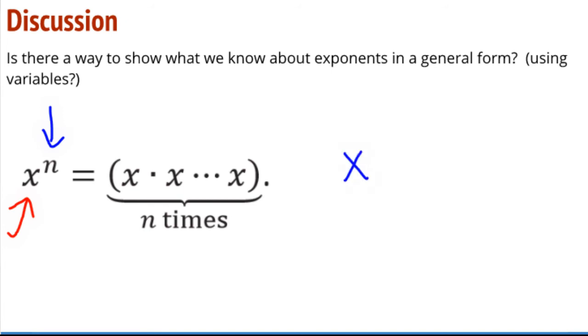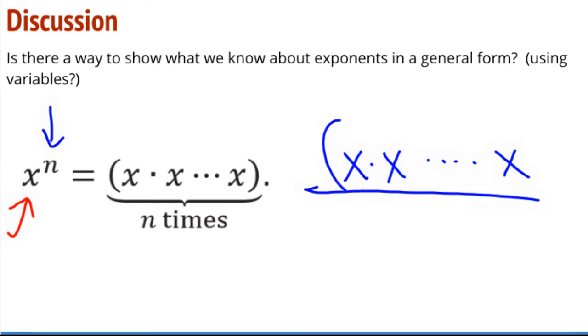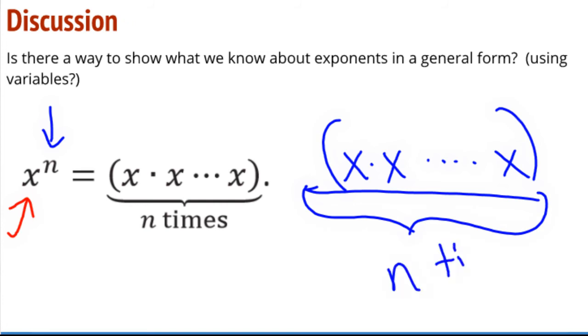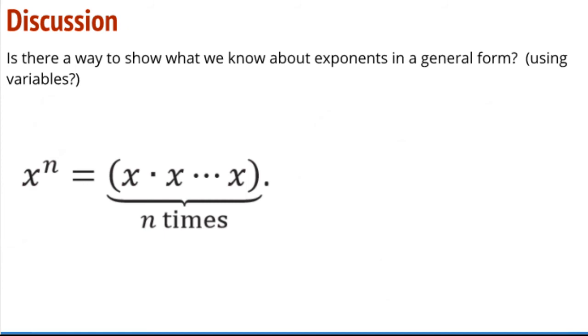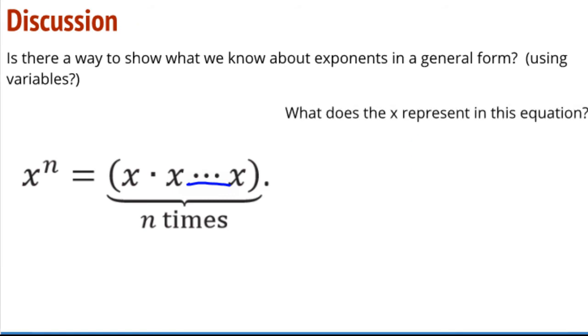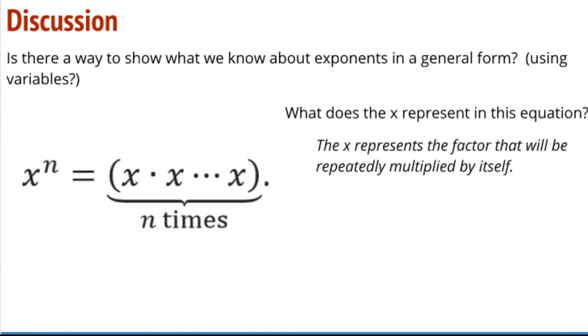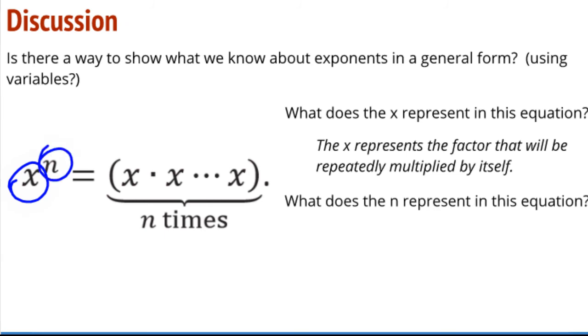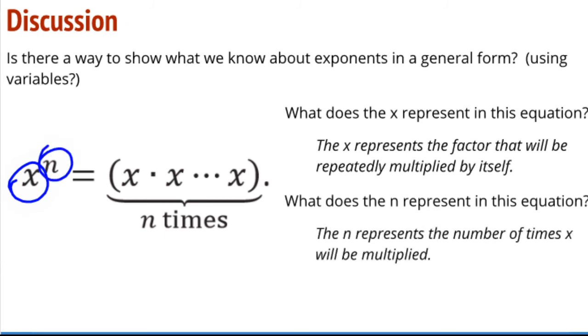So we have x times x, and we're going to keep doing that, multiplying x, and we're going to do that however many times n is. So that dot, dot, dot means continue doing this. So in this case, the x represents the base, what we're going to multiply. The n is the number of times that we will multiply. It's the exponent.